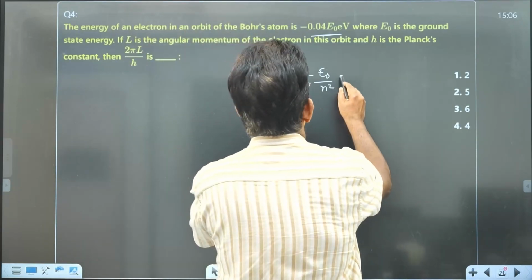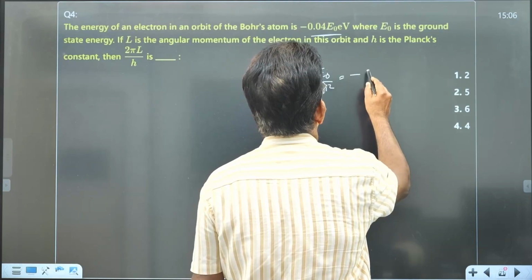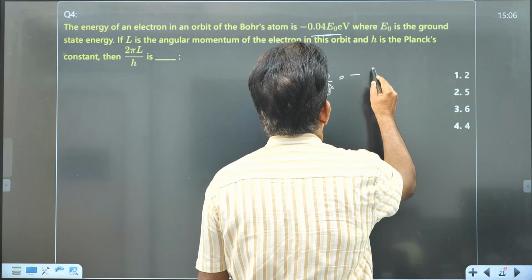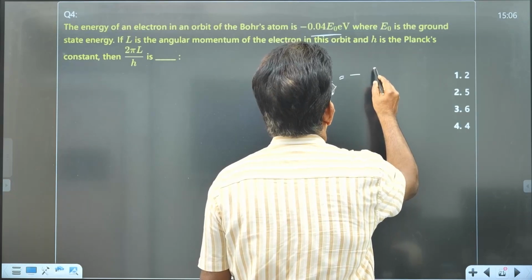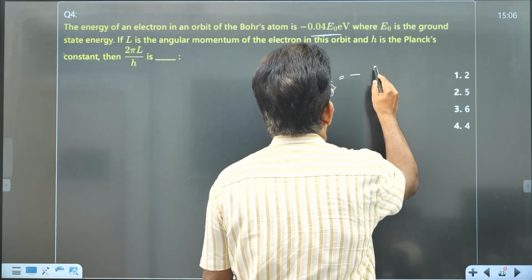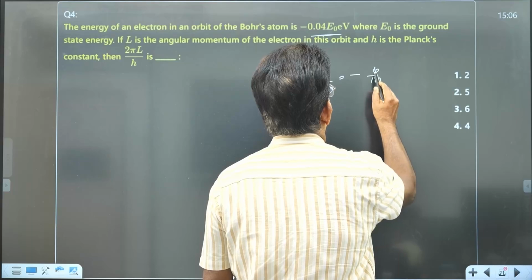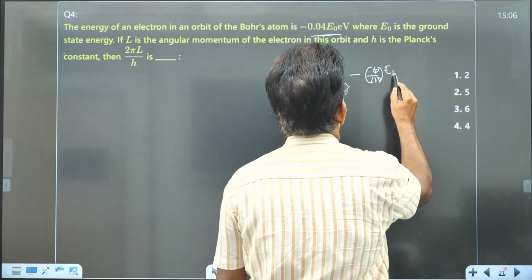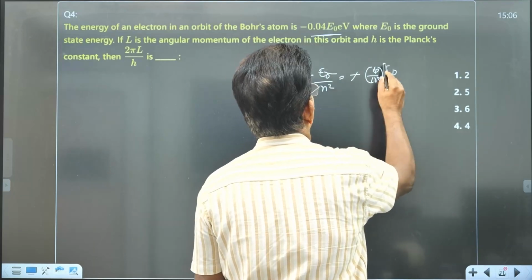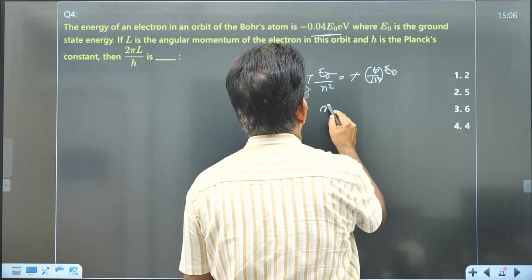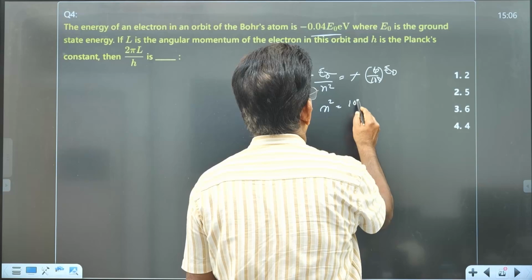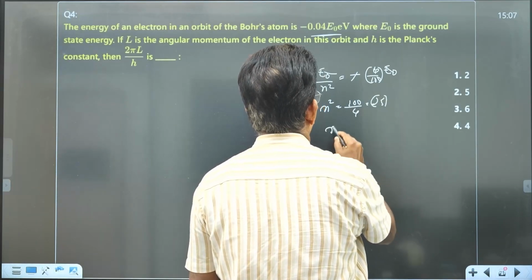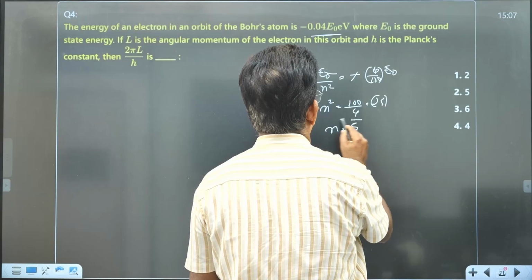This is coming to be minus E0 into 4 by 100. Minus gets cancelled, E0 gets cancelled. N square is given to be 100 by 4, that is 25, or n is coming to be 5.